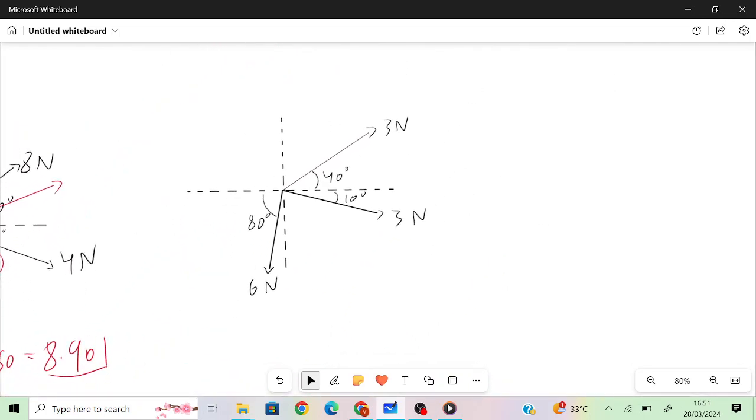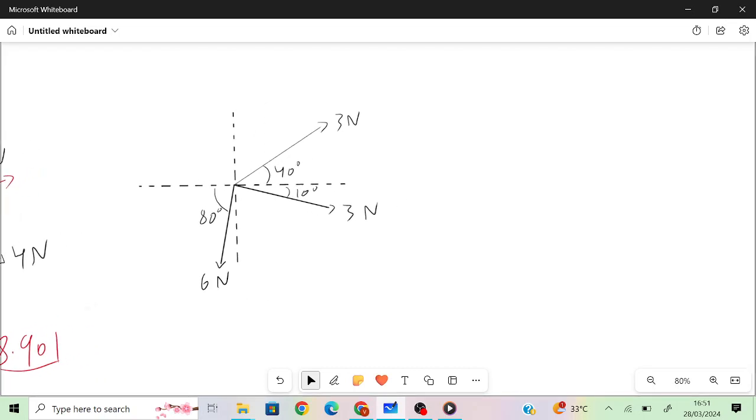Now this one is slightly tougher because we've got 3 different forces to consider, but it shouldn't be too hard. Again, we use the same basics. Let's start with the horizontal first.